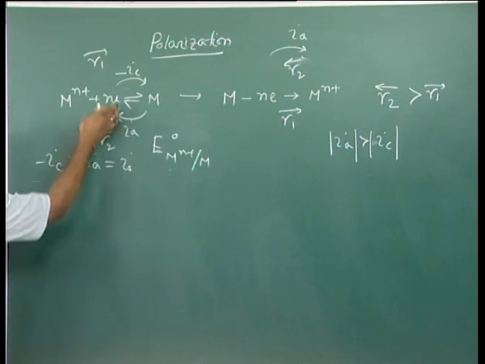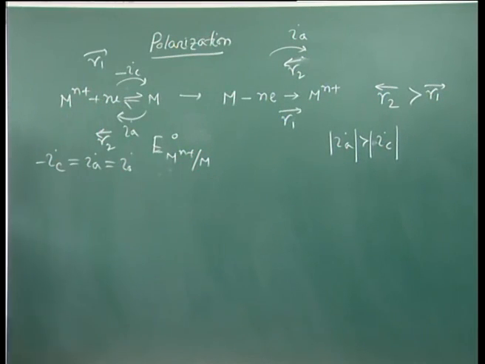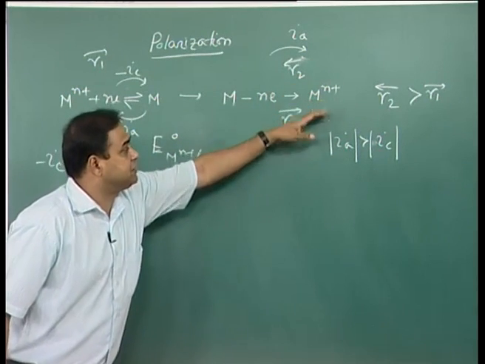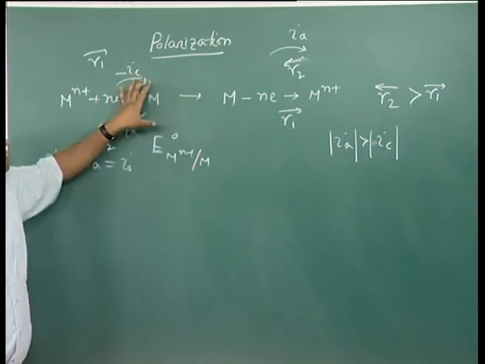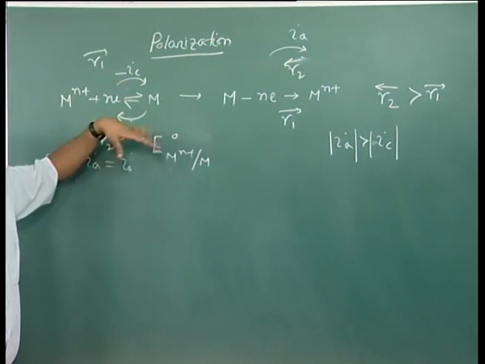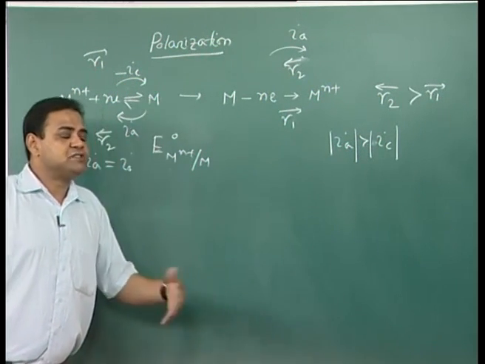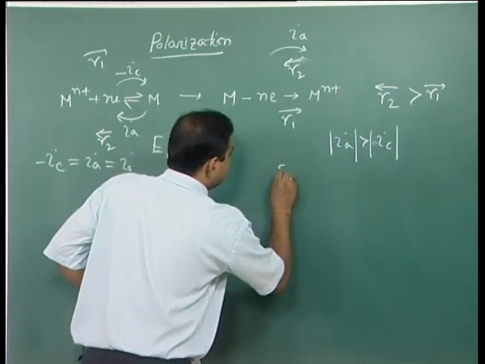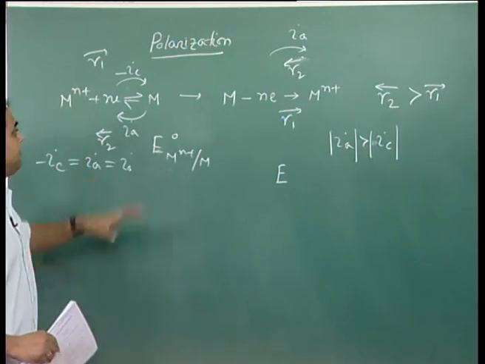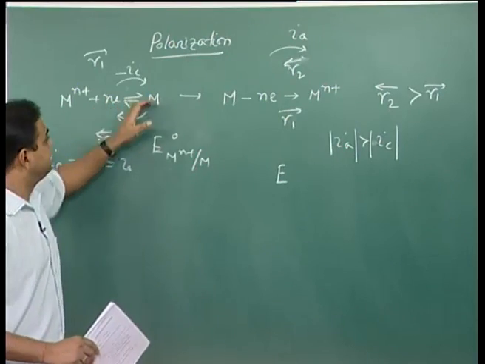So, this potential which exists here, if you have this reaction preferentially, then you will see that the potential for this reaction is changing towards the positive side. You can also measure the potential if the deviation is taking place.